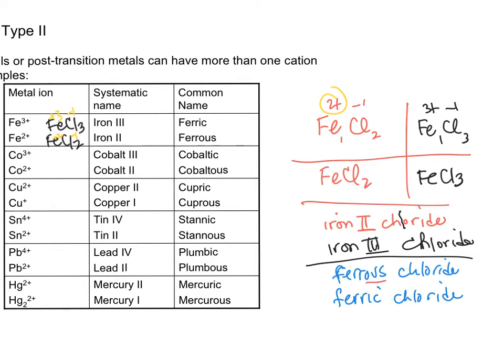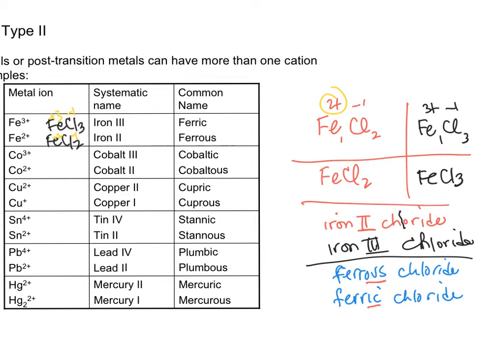The OUS tells you that this is the one with the lesser charge. The IC tells you that this is the one with the greater charge. So you got +2 versus +3. OUS and IC tells you which one is smaller and which one is larger. It doesn't give you an exact number.